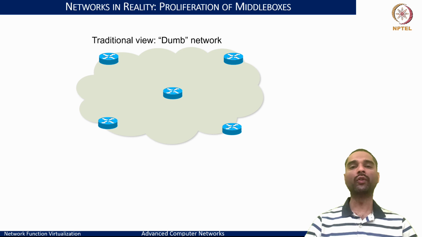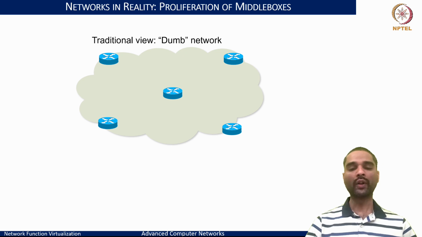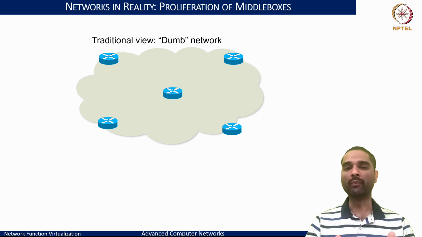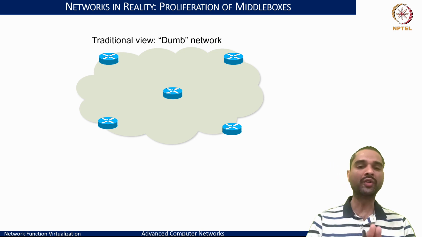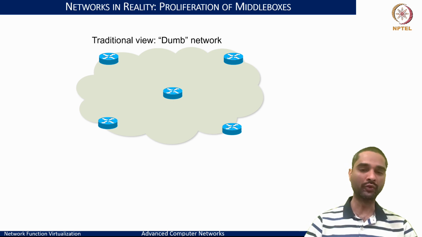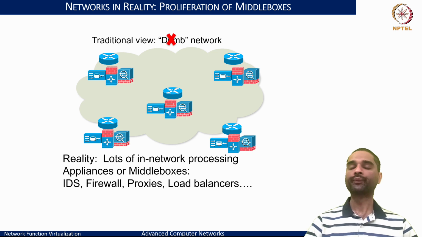If we now look at how this proliferation has happened across different networks, including internet service providers, telecommunication networks, or data centers, what we can see in reality is that the networks we earlier considered dumb, just pipes that would route the end user's content, are no longer that.